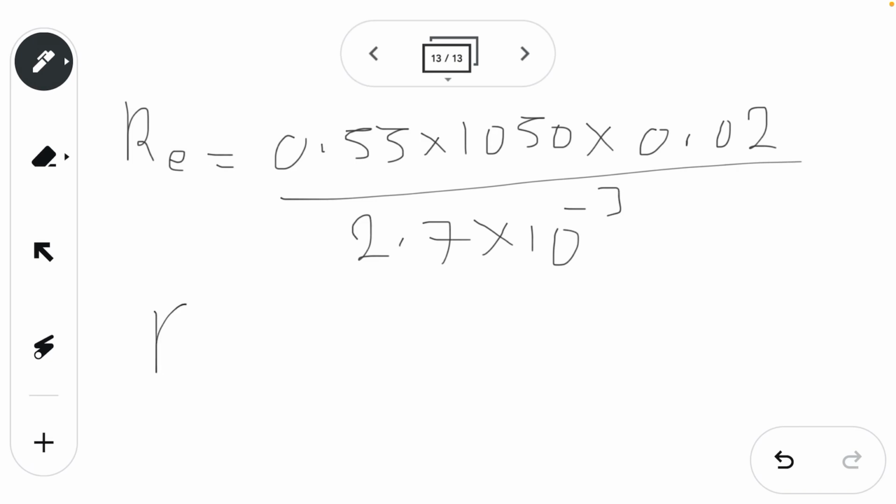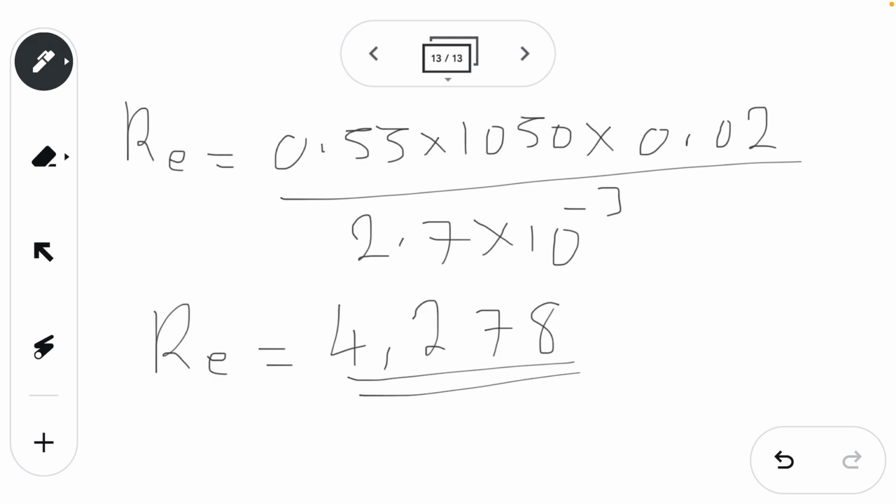Which should give you a Reynolds number of about 4,278. Now because the Reynolds number is greater than 2,000 in this case, we expect the flow of this blood to be turbulent. So the flow is not smooth, as we predicted and as we know.